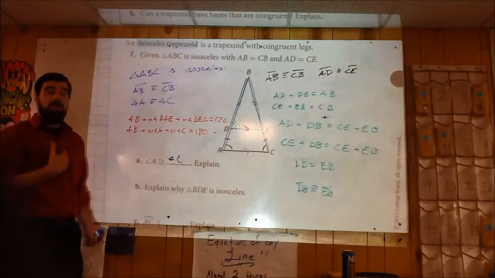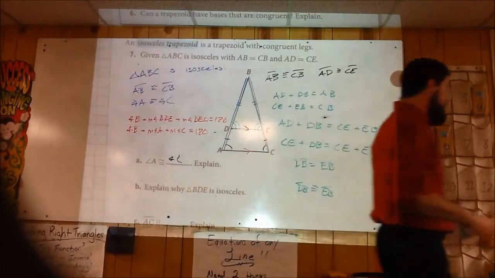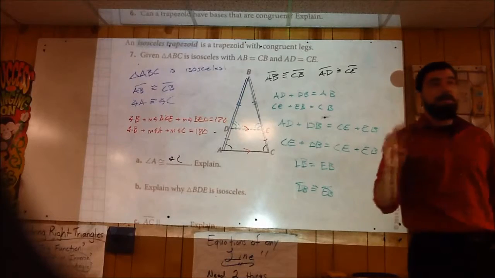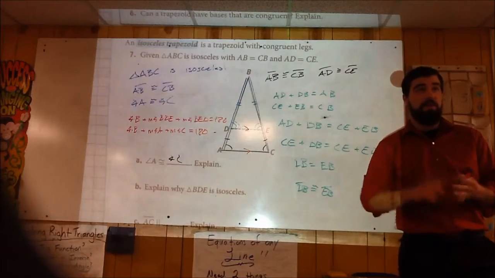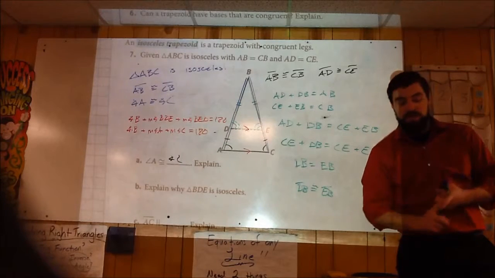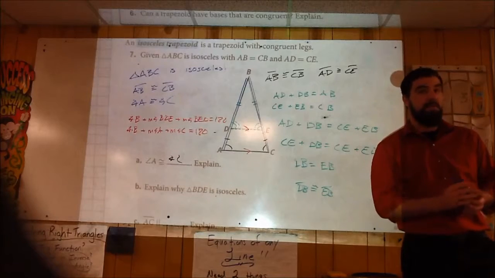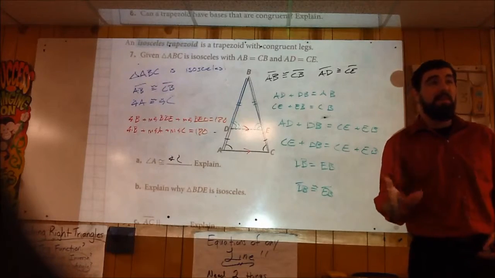The only way we can prove lines are parallel at this point in this course is by those four special angles. We show that alternate interior, alternate exterior, or corresponding angles are congruent, then lines are parallel. We're going to show that same side interior angles are supplementary, then the lines are parallel. We have a couple other ways.